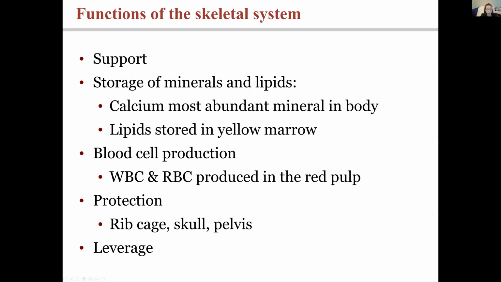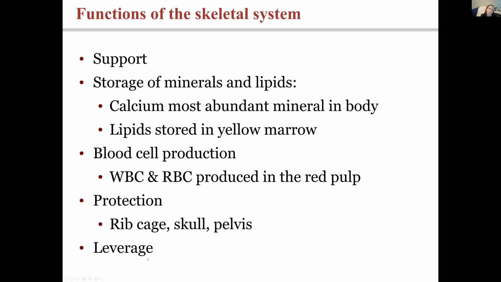You also have storage of lipids. Yellow marrow within the epiphysis of long bones takes its name due to the amount of lipids that are stored in that particular area. We also have blood cell production, white blood cells and red blood cells, produced in the red pulp, red marrow.